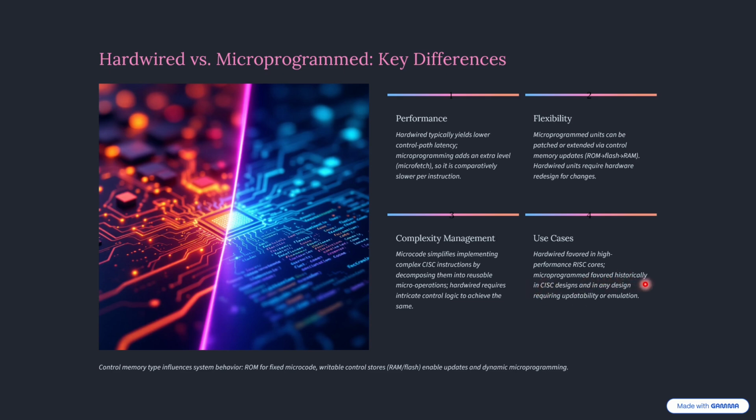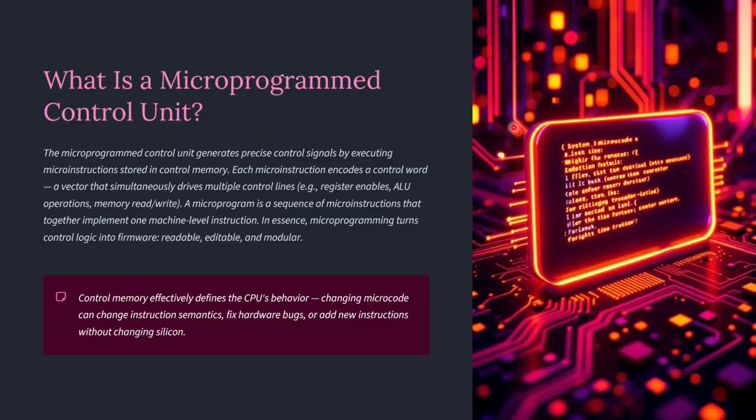Microprogrammed is favored historically in CISC design and in any design requiring updatability and emulation. Control memory type influences system behavior: ROM for fixed microcode, writable control stores such as RAM and flash enable updates and dynamic programming.